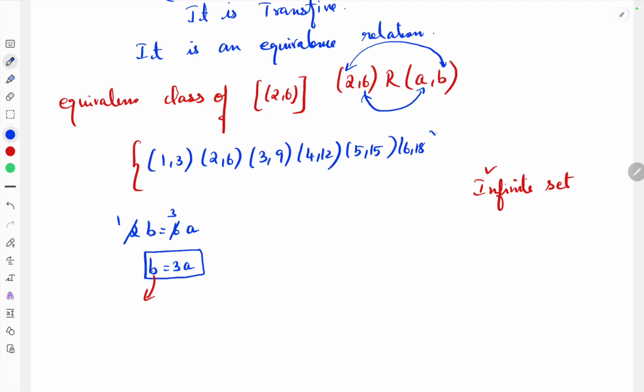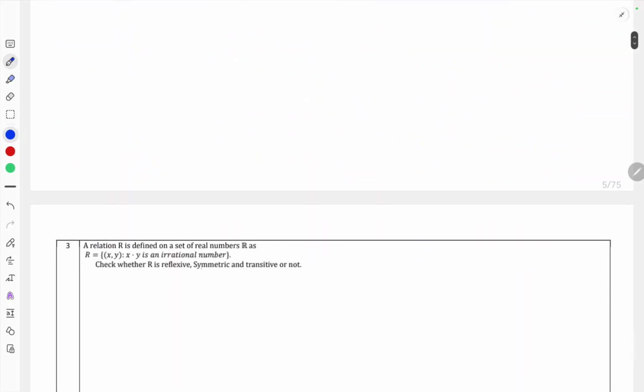There is no end for this, dot dot dot. This is an infinite set. So in the previous question the equivalence class is a finite set, here it is an infinite set. So now we can start the third question.